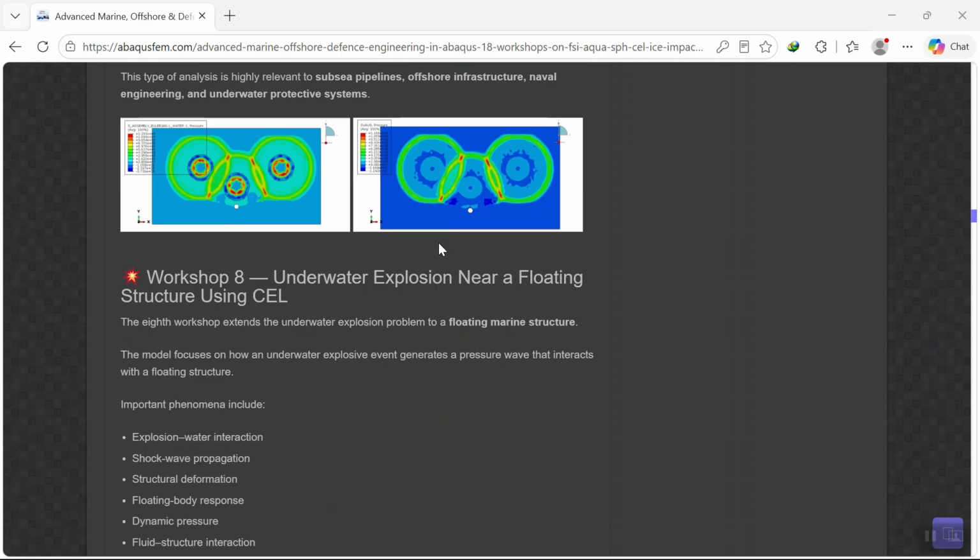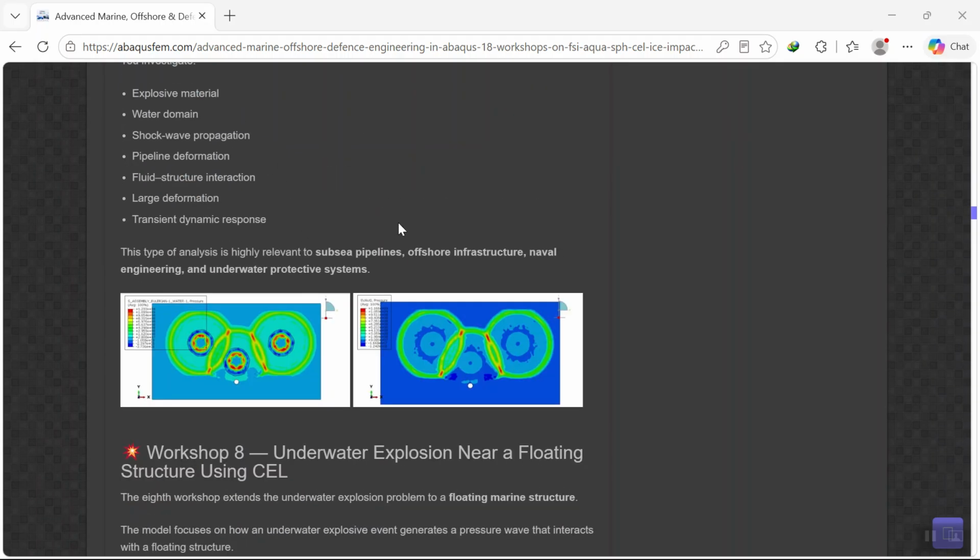One of the strongest aspects of this package is its focus on underwater explosion. You can see the examples here. An explosion produces an extremely rapid pressure wave that propagates through water and interacts with nearby structures.